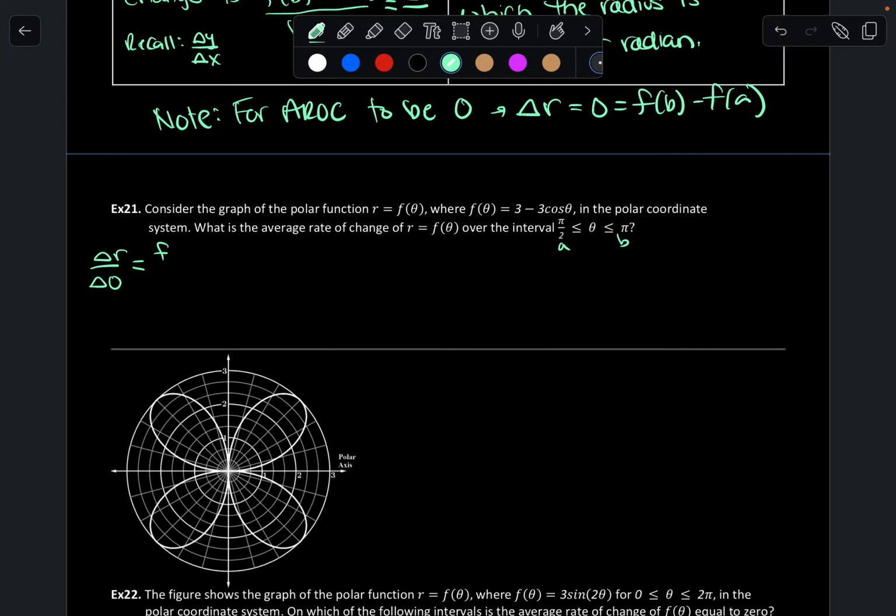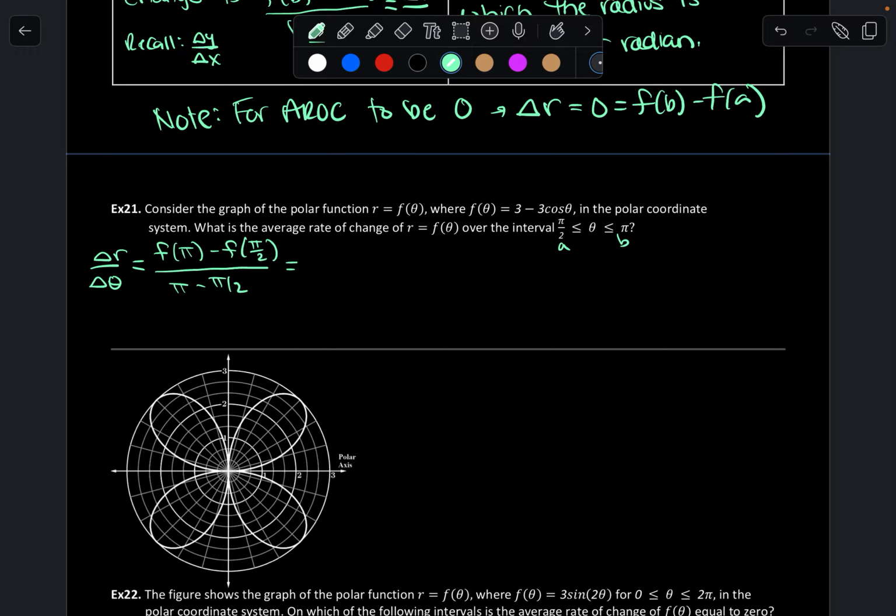So we're doing the same setup that we did in Cartesian, but we're going to see those thetas in there instead. Okay, so f of pi minus f of pi over 2, and then that's divided by the change in theta, which is pi minus pi over 2. So again, just like in Cartesian or Algebra 2 and earlier pre-calculus, we see that alignment here with the input and the output, those coordinates.